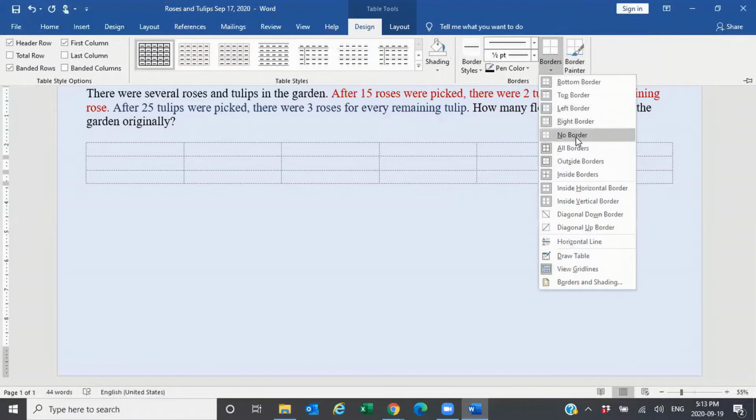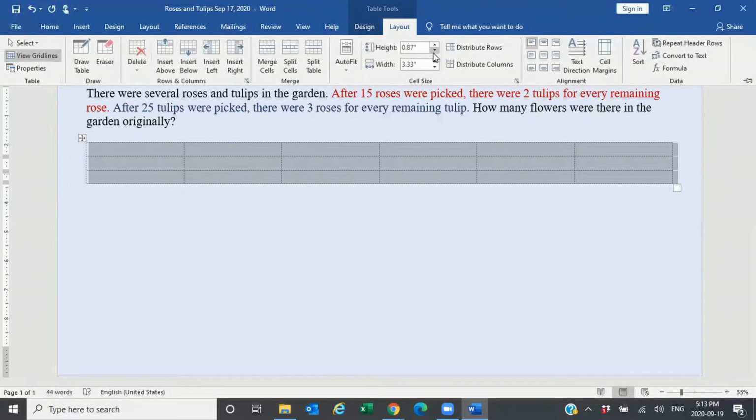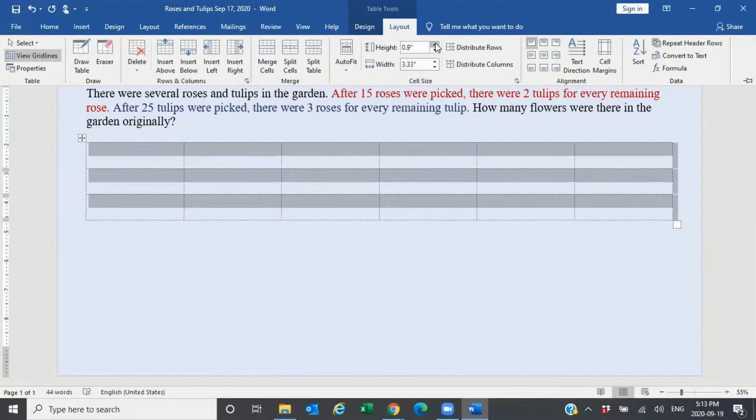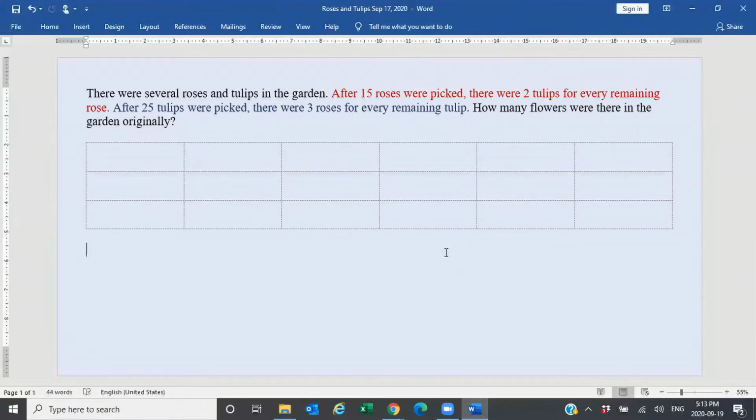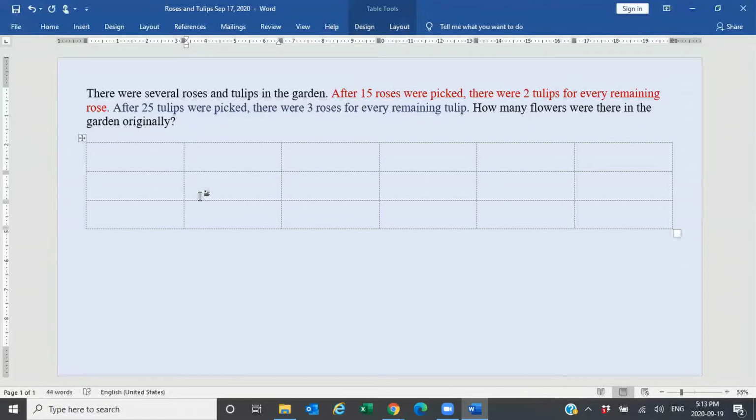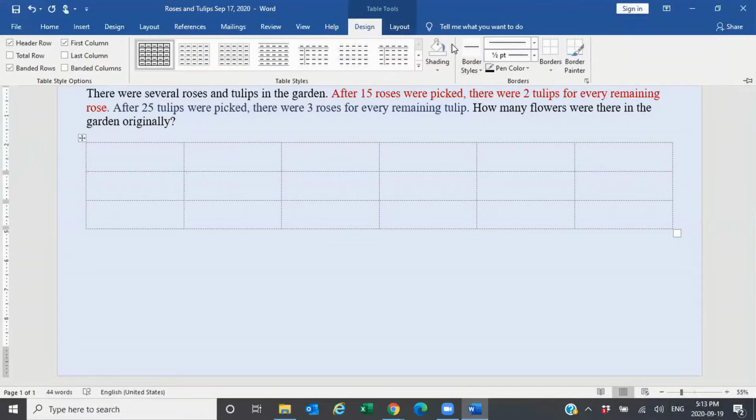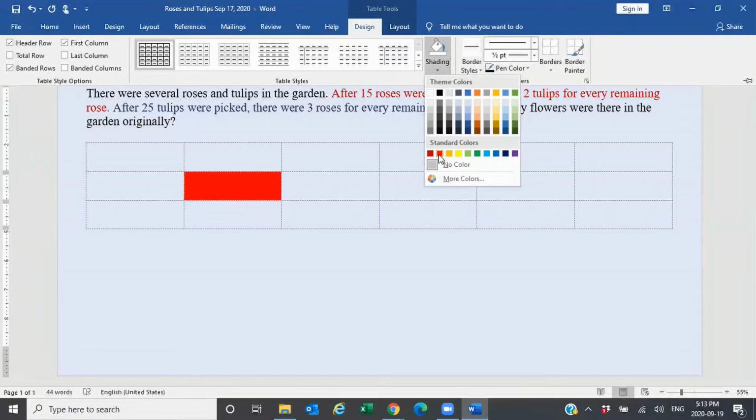No border. And there we go. After 15 roses were picked, there are 2 tulips for every remaining rose. I'm just going to take this and I'll make it red.